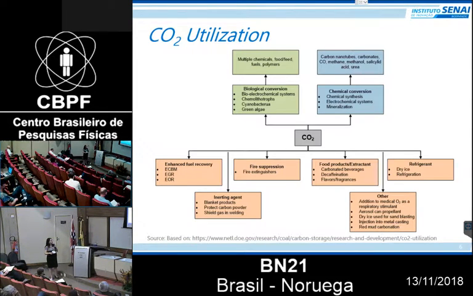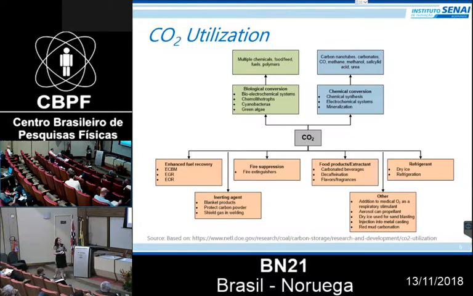Some products, like the ones listed here, are obtained directly from CO2, or you can do some kind of transformation to get other products. And you can do a chemical transformation or biological transformation. In the case of chemical conversion, we can see it's more common.